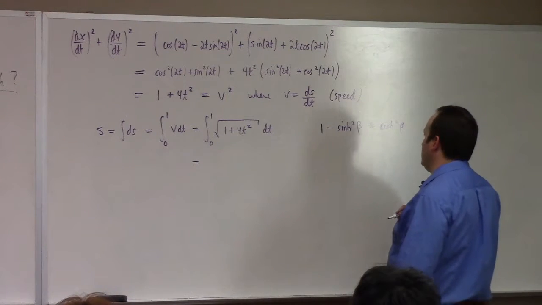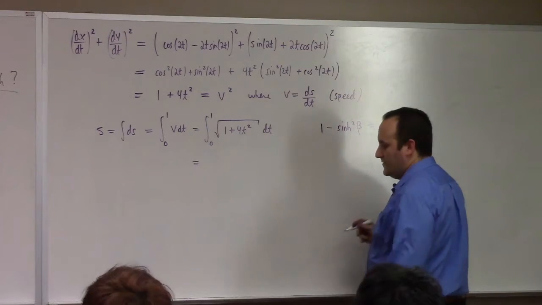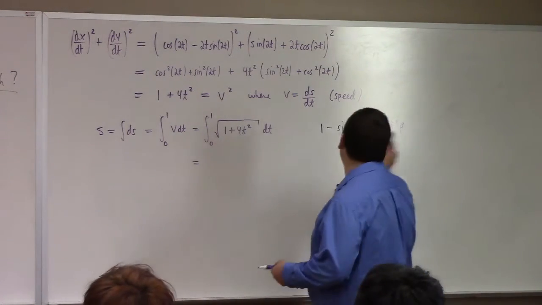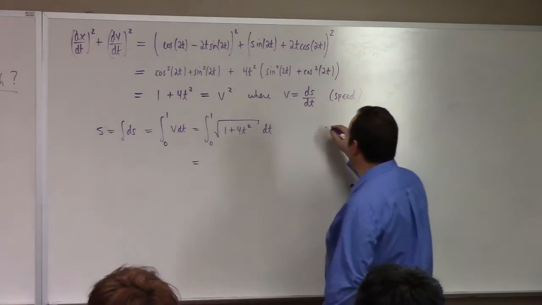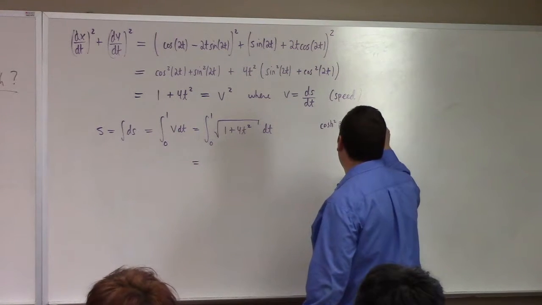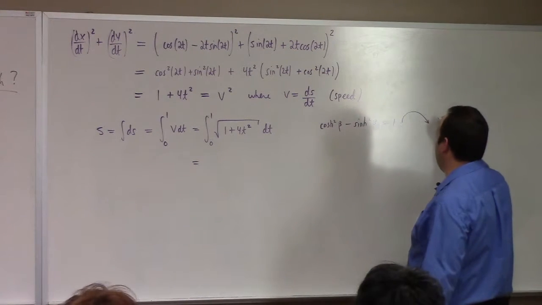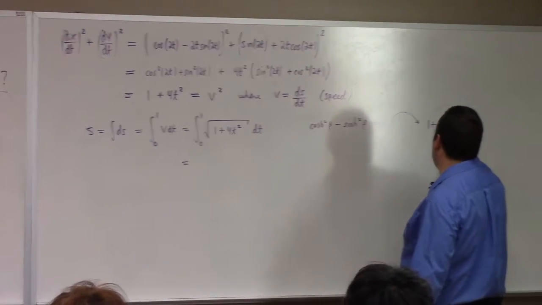So that suggests to me that I'm still wrong. Let's try this again. Cosh squared minus sinh squared is 1. So from this, I get that 1 plus sinh squared beta is equal to what?